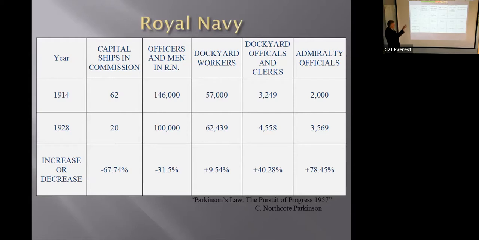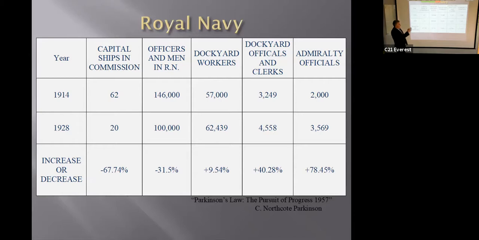It has to do with the next pieces of this, which is, notice the number of ships decreased by 67%. The officers and men only decreased by 30%. So you don't have as many ships operating. Therefore, you shouldn't need as many officers and men in the Royal Navy, yet it only decreased by half.